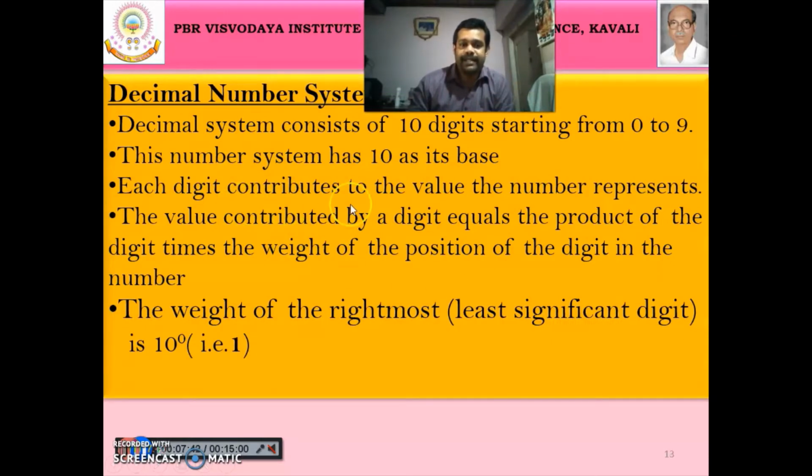Now, each digit contributes to the value the number represents. The value contributed by a digit equals the product of the digit times the weight of the position of the digit in the number.